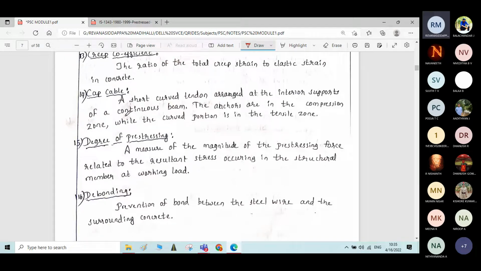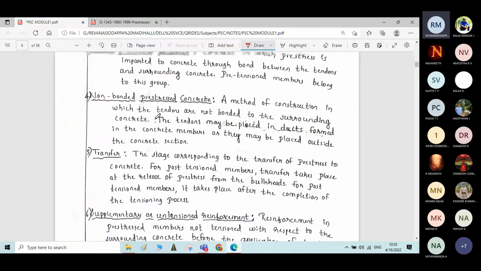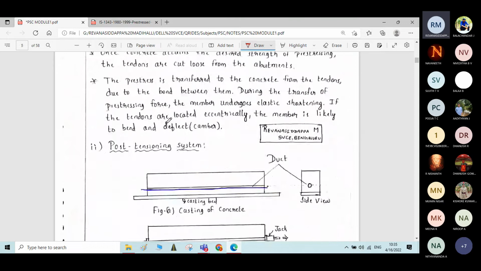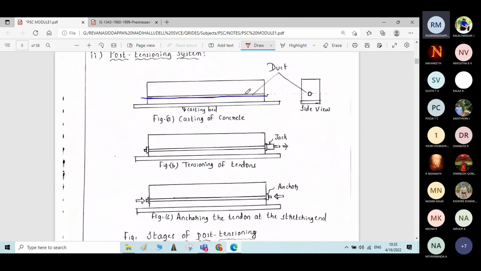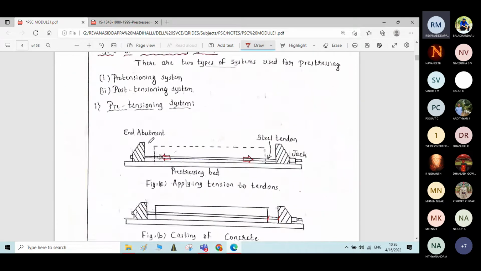Then coming to the next terminology, cap cable. During the process of stressing, here we have a straight cable, correct? There have been some advances in technology where the cable profile will be different.